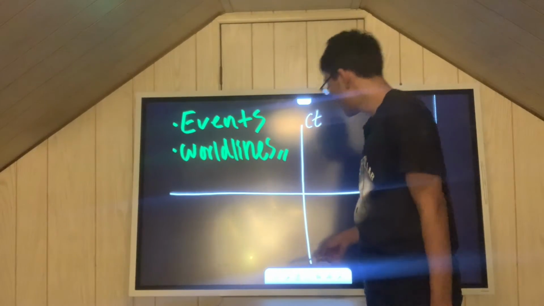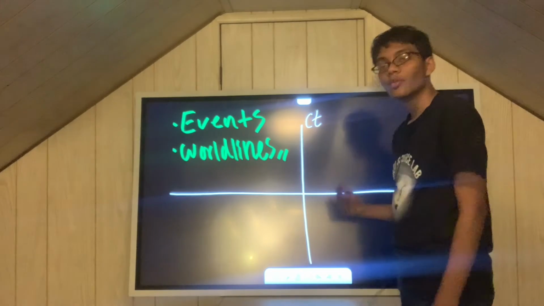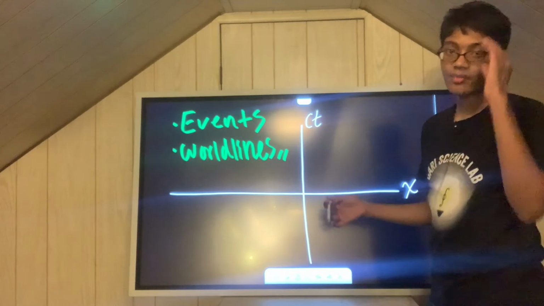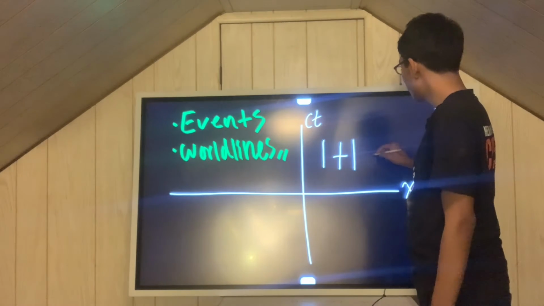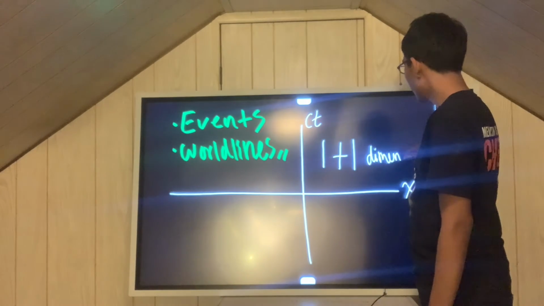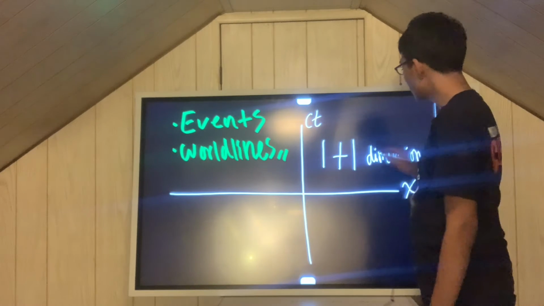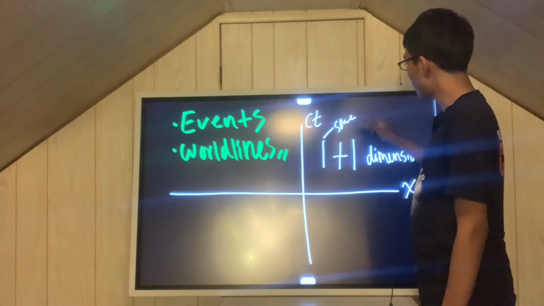Now remember, right here we've got a two-dimensional space-time diagram. When you say two-dimensional space-time diagram, what you're really saying is you have a 1+1 dimensional space-time diagram. That means you have one dimension of space and one dimension of time.